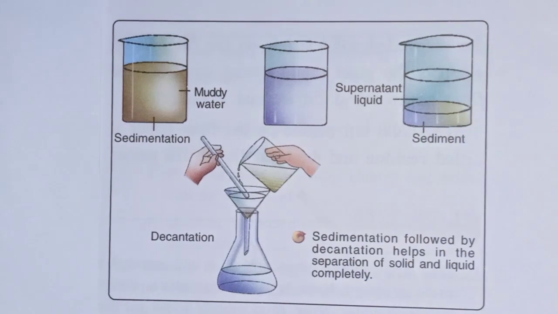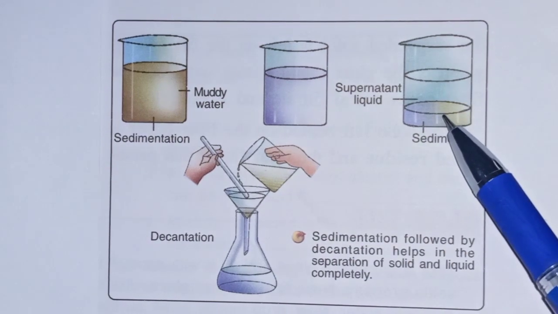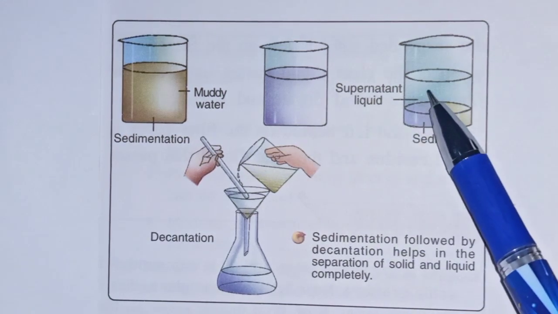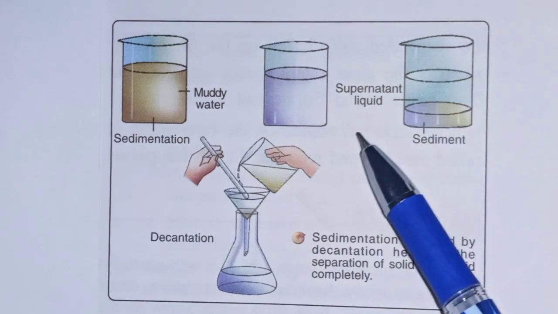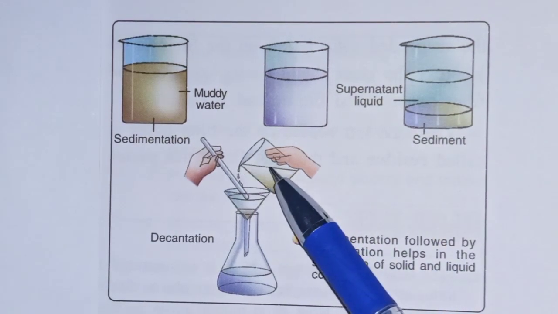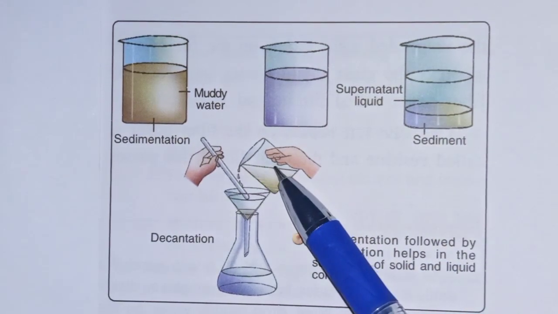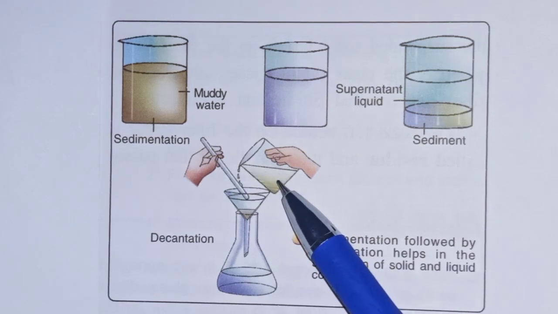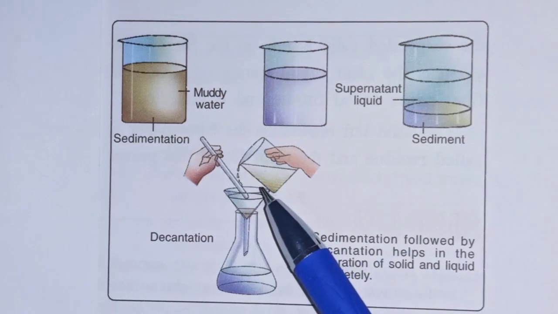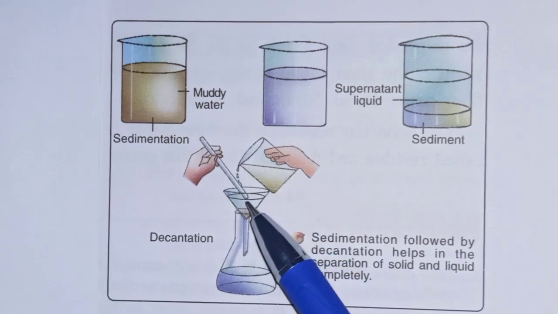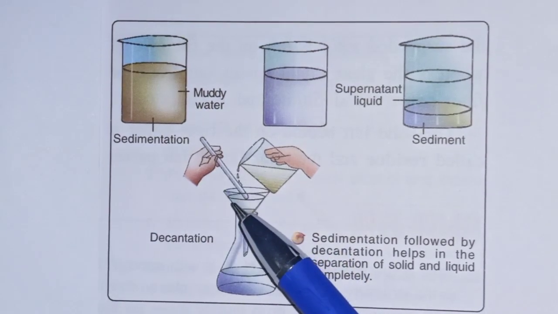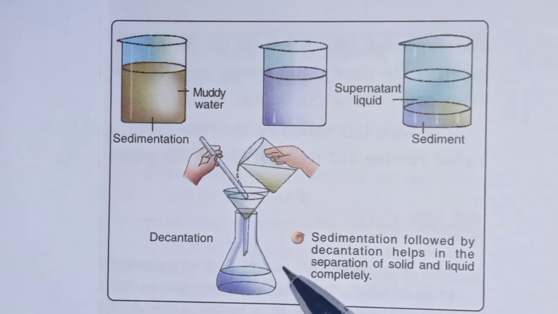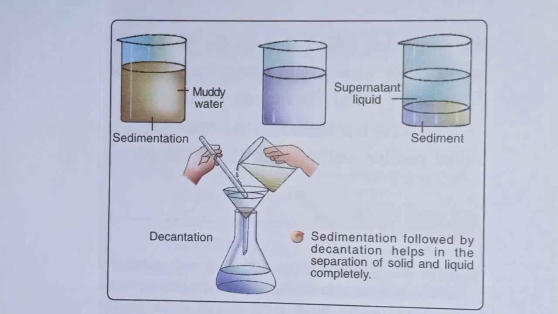Sedimentation is the settling down of the heavier substance at the bottom, and decantation is removing the top layer slowly without disturbing the bottom layer. Till here it is only sedimentation. Children, don't take this one as decantation; this one is filtration.